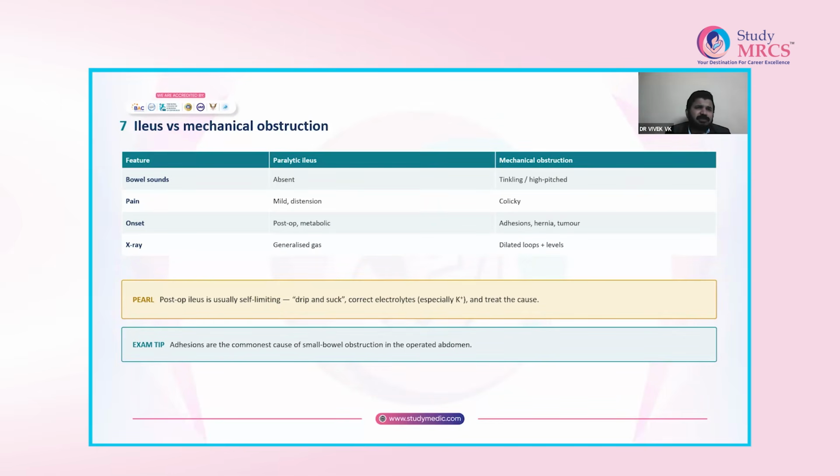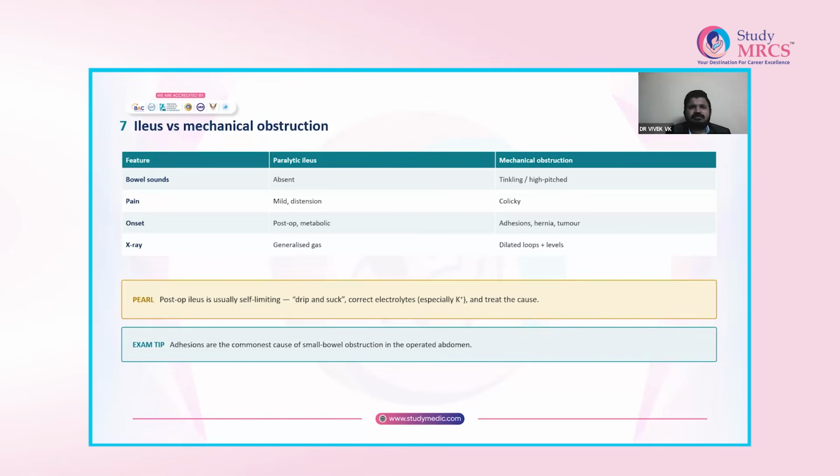One is based upon the bowel sounds, which are absent in paralytic ileus, and high-pitched or tinkling in mechanical obstruction, but bowel sounds may become absent in the late stage of mechanical obstruction also. In paralytic ileus the patient has mild distension and mild pain. In mechanical obstruction, the patient has colicky pain.